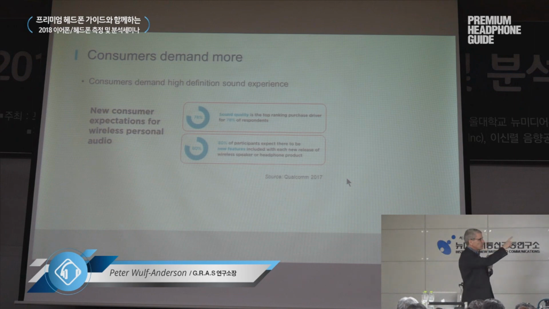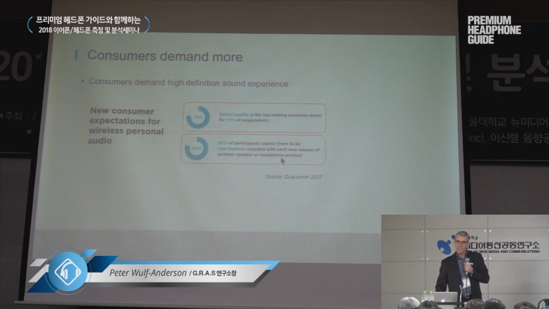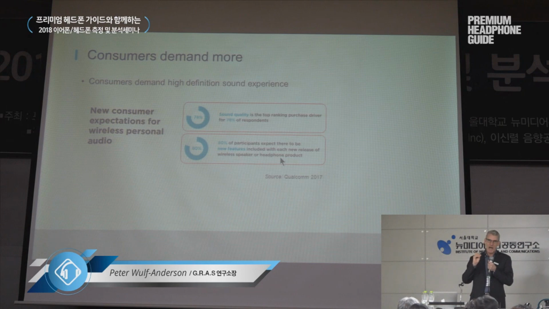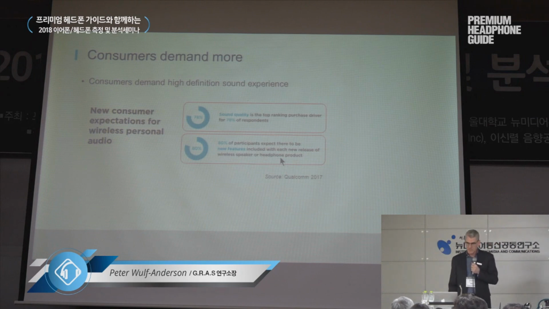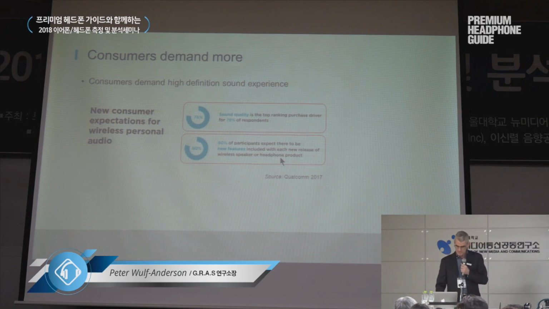And the two, you could say, winning answers were sound quality and new features. So sound quality has a very high ranking when people pick up their headphones. They like the sound to be good, but they also like new features. And of course, that's what we all try to put in our products.